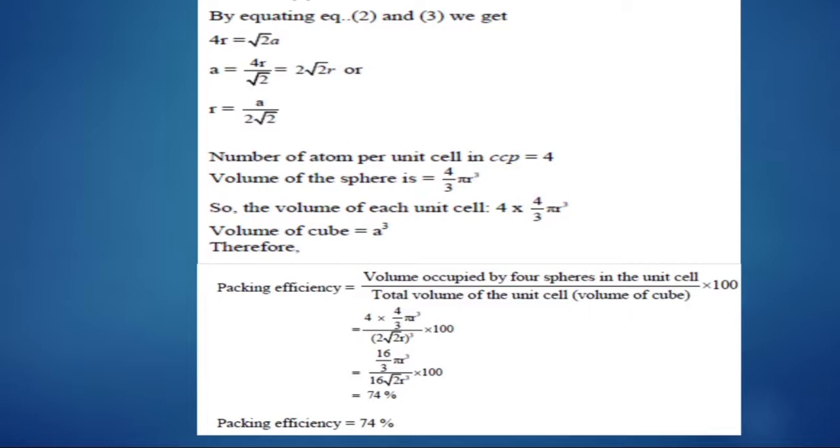Substituting, the volume occupied by 4 spheres is 4 into 4 by 3 pi r cube divided by the total volume of the unit cell, which is (2 into square root of 2 r) whole cube. By substituting and simplifying, lastly we get packing efficiency equal to 74%.